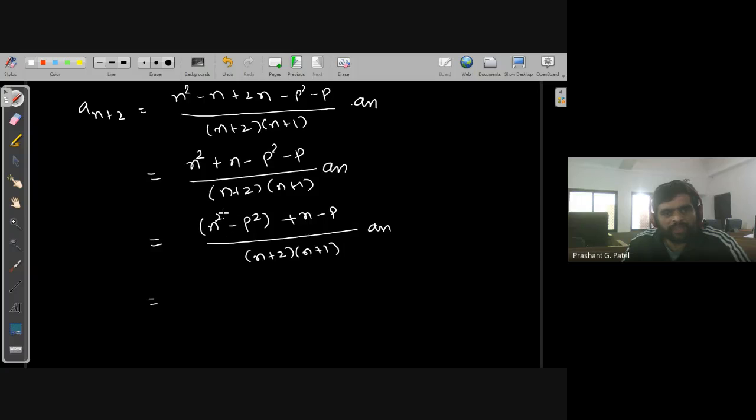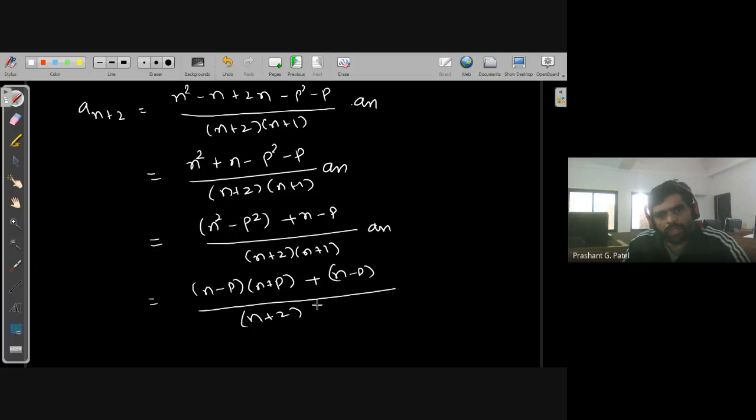Now this can be factorized: n square minus p square can be factorized as (n minus p) into (n plus p), plus (n minus p), upon (n plus 2) into (n plus 1) a_n. So this n minus p is common from this.